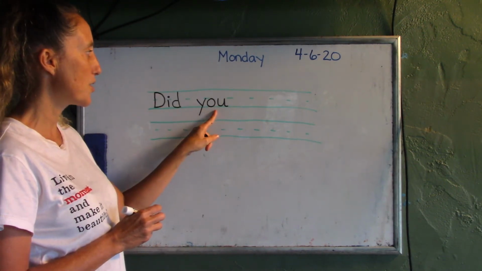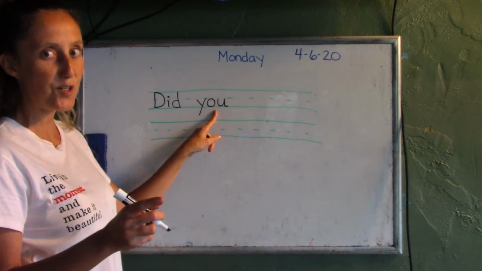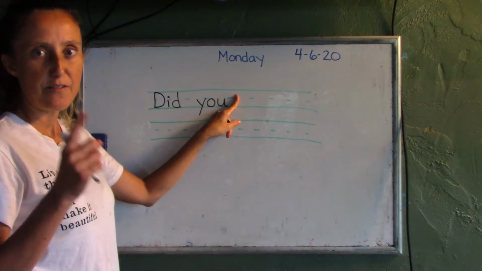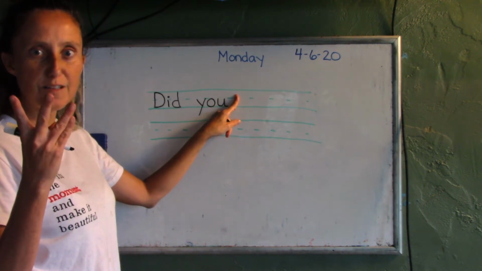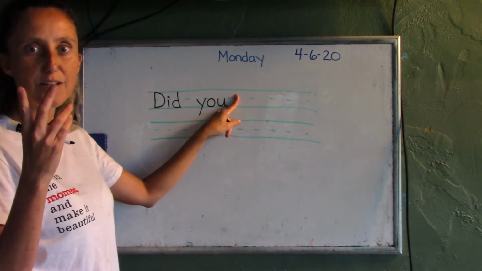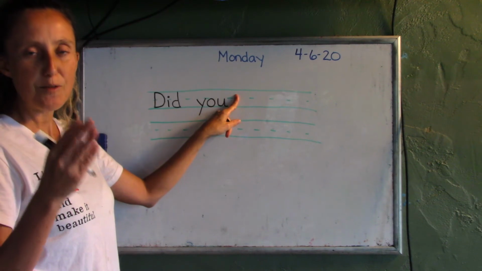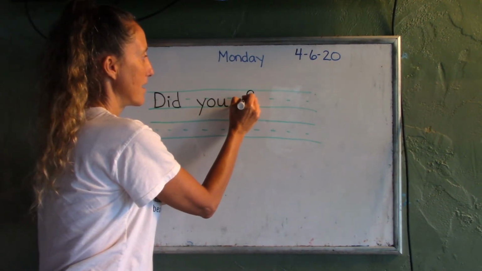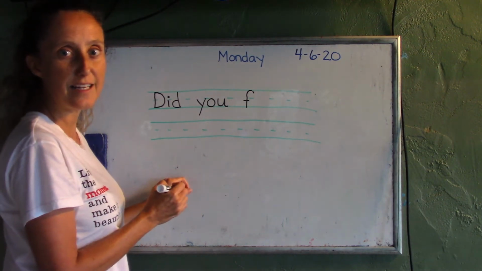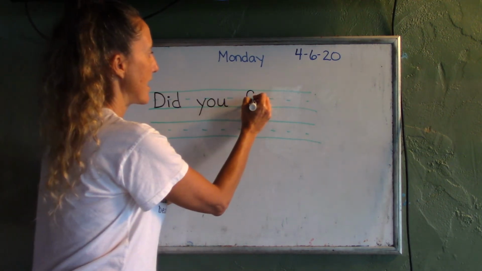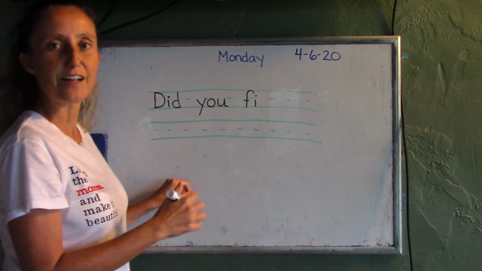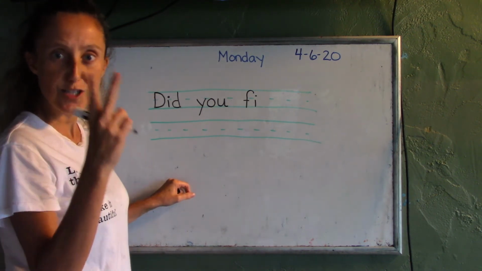Did you, now we have another word, so we have to make a space. Fill. Right, F. And we have it. Okay, I. Fill. Right, L. How many L's do you think? 2, you're right.